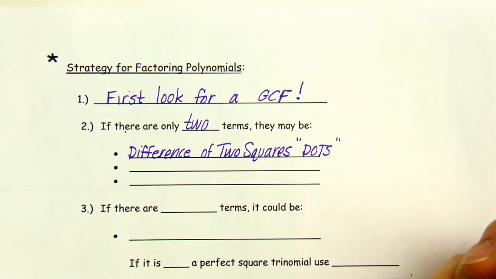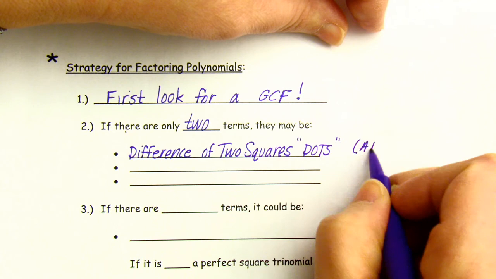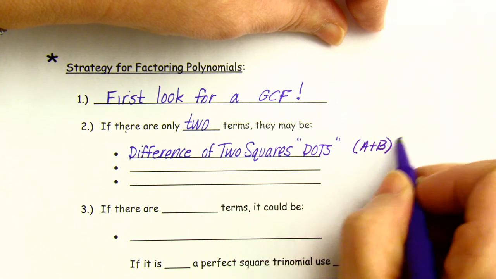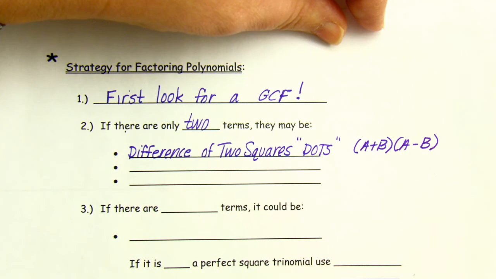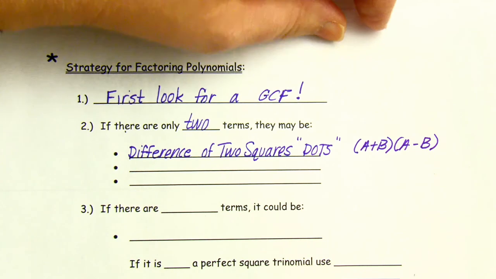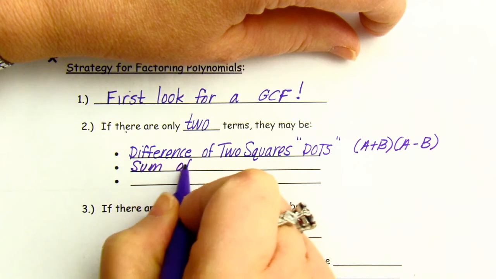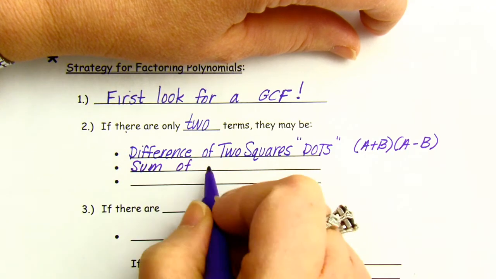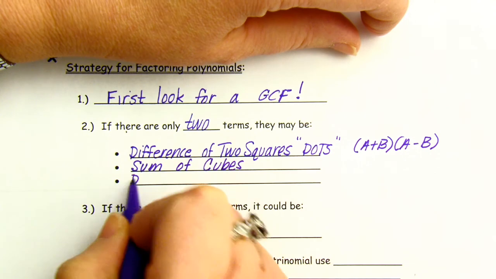All right, and if it's dots, it's always going to factor as a plus b times a minus b. It could be the sum of cubes, and sum means add, so you're going to see a plus sign there. Or it could be the difference of cubes.